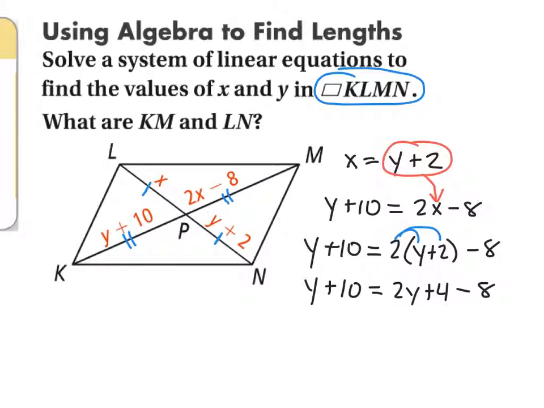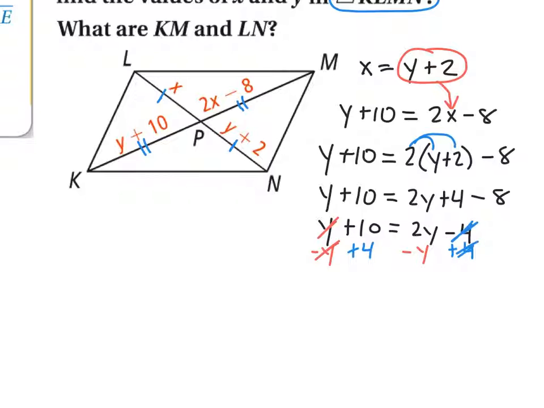And I want to start combining like terms here. So I have y plus 10 equals 2y minus 4. I want to get my y's on one side together, so I'm going to subtract y from both sides. I want to get my numbers on the same side together, so I'm going to add 4 to both sides. And I get 14 equals y.